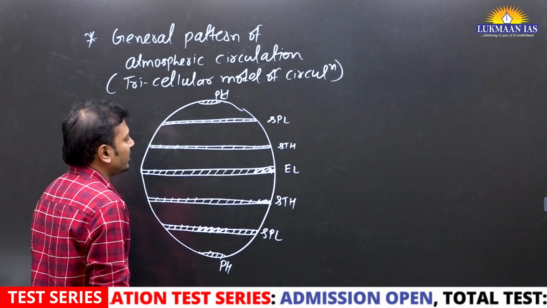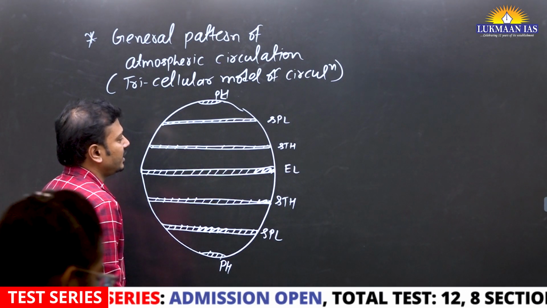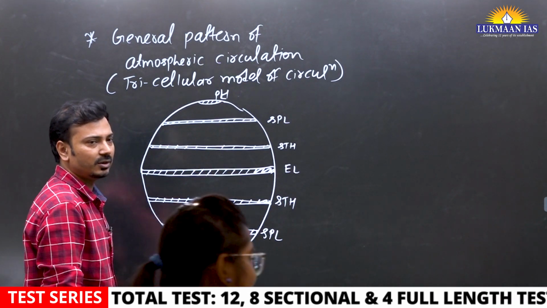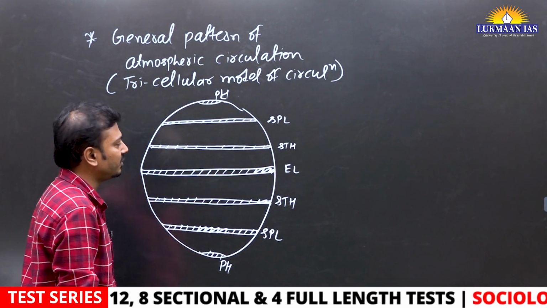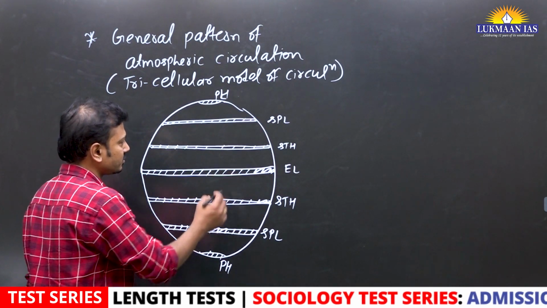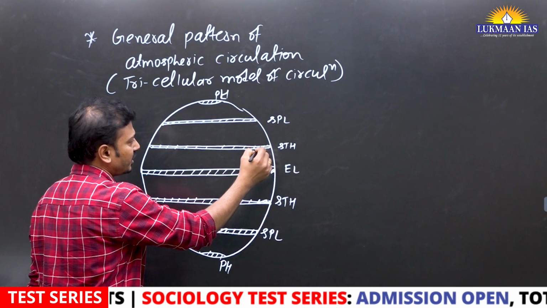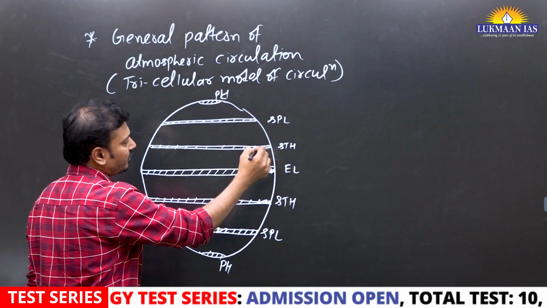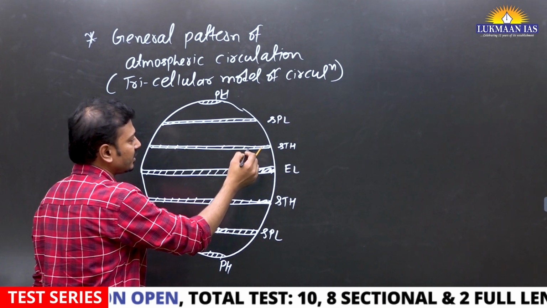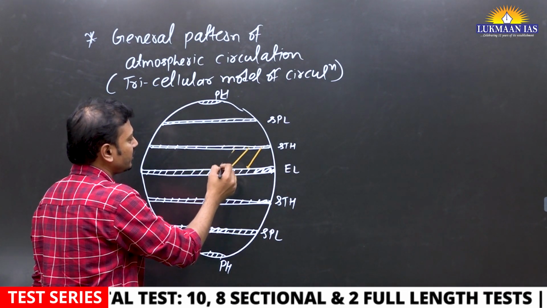Okay, but try to understand here, due to the Coriolis effect, the wind will try to deflect to its right in the northern hemisphere and to its left in the southern hemisphere. So wind is originating from here, so it will try to deflect to its right, not our right, the wind's right. So the direction will be like this.